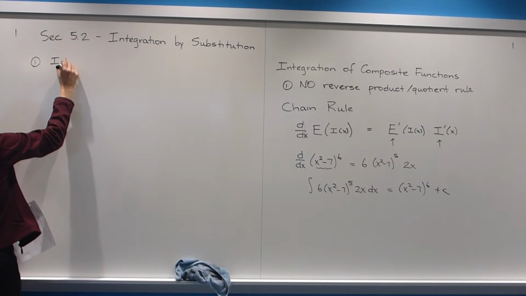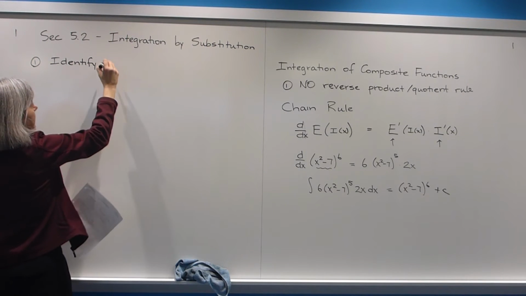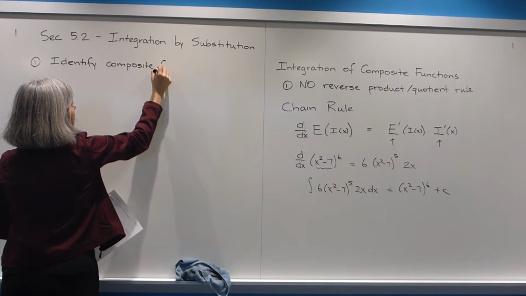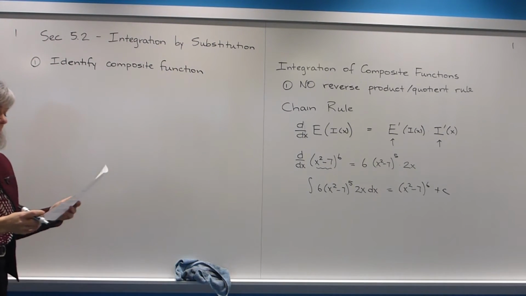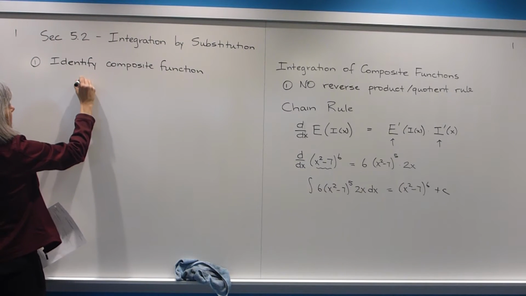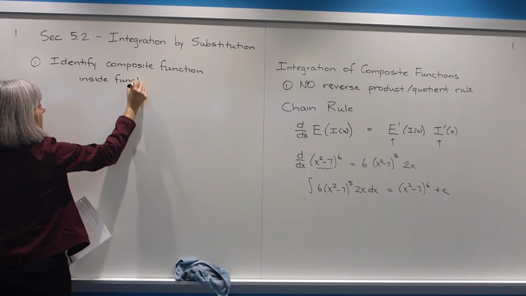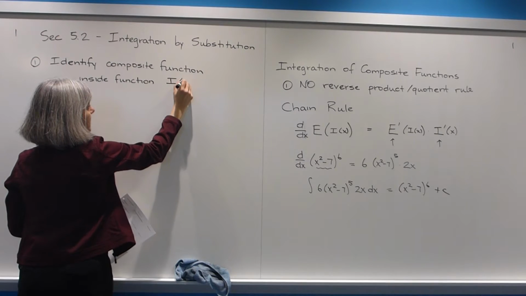First, we're going to identify that it is a composite. And once we know that it's a composite function, we need to identify which is the inside function. And so I, right, the inside function.